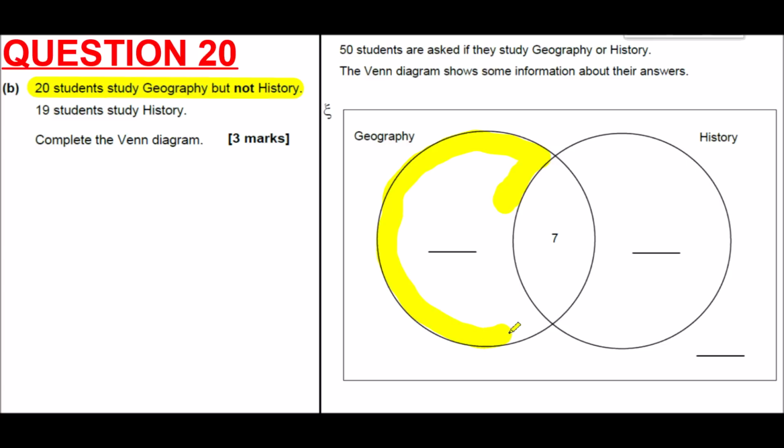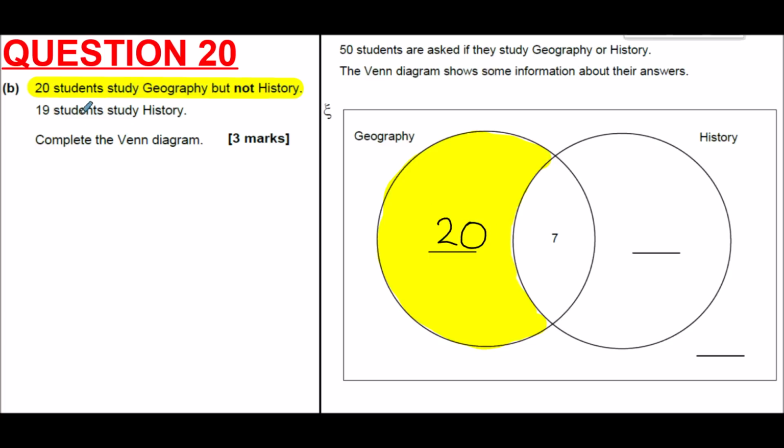So I'm just trying to colour this in as nicely as I can. Nearly there now. So geography but not history is just that part of the circle, so that's 20 students.